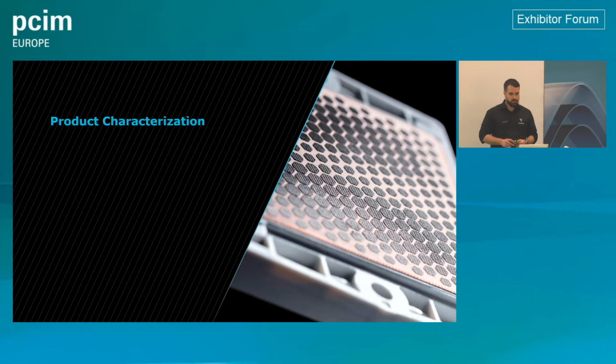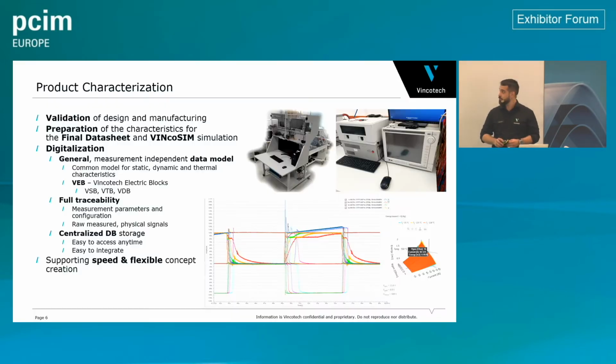So let's start with the product characterization. At VINcoSIM, we measure and characterize each and every one of our products for validating the design and the manufacturing process. With this, we are preparing data and the characteristics for our final data sheet and the VINcoSIM simulation environment.